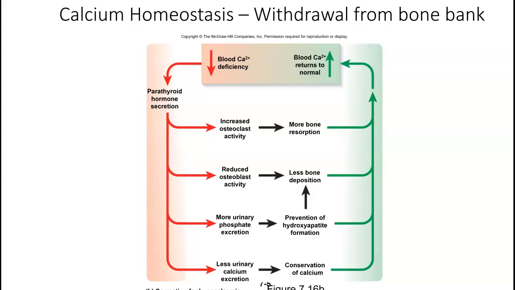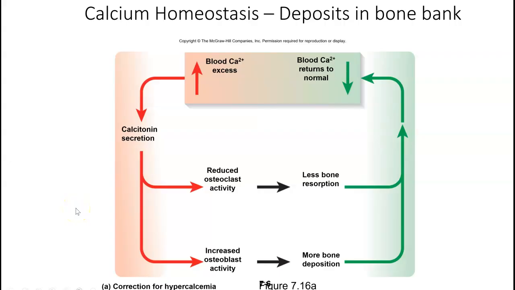So when all of these things happen, this is what's going to increase blood calcium. Now, if we take a look at the opposite, if we have an increase in blood calcium levels, now the thyroid is going to release calcitonin. Calcitonin is going to reduce osteoclast activity, increase osteoblast activity.